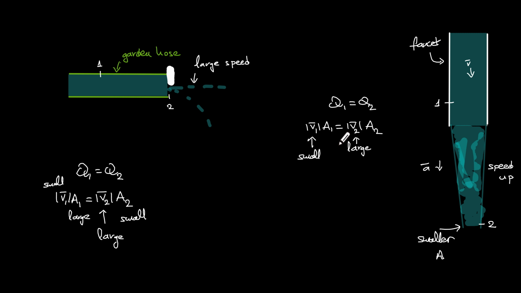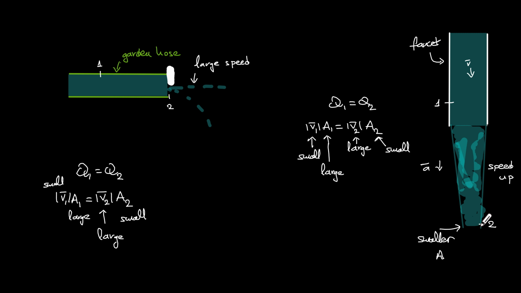Now, let's say I started with a large area. Then a small number times a large number equals a large number times the area 2, which needs to be a small number for the two sides to be equal. This is consistent with what you observe experimentally.